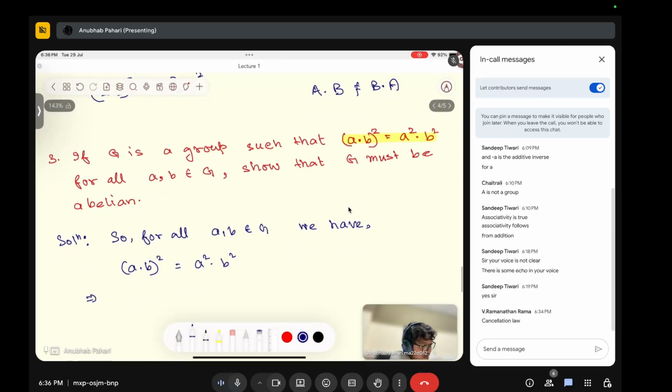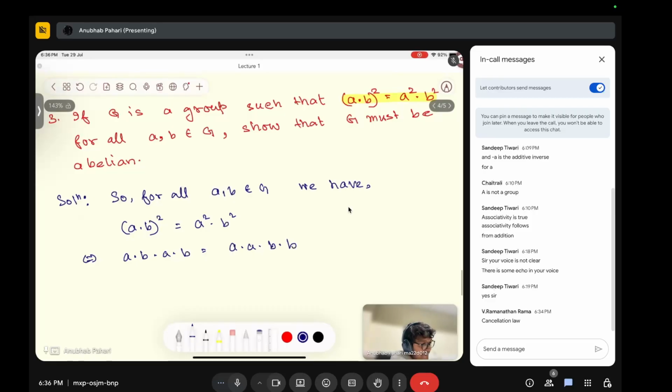So it can be written as a.b.a.b equals a.a.b.b. Now it can be written as a inverse a b a b, a inverse of a b b.